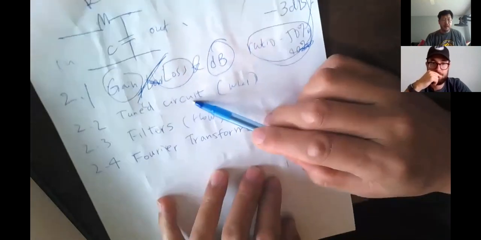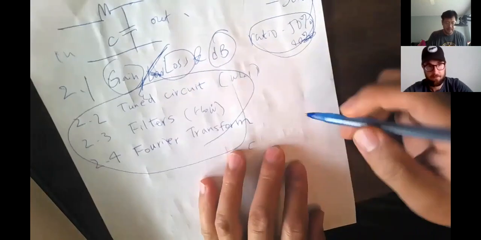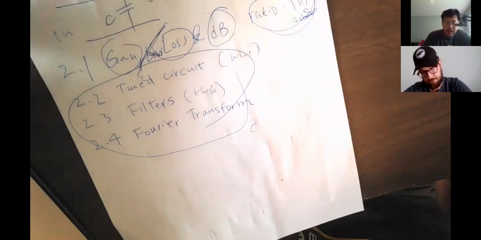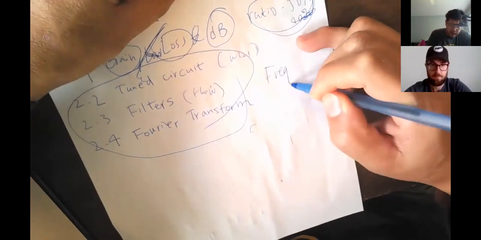The second topic will be second, third, and fourth. They are all related. When we talk about communication, we actually talk about analyzing or controlling the signal in the frequency domain.